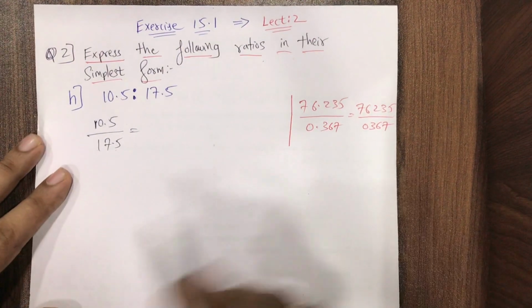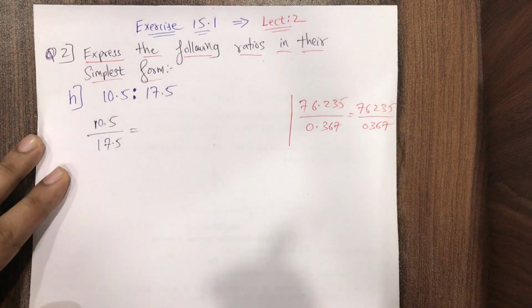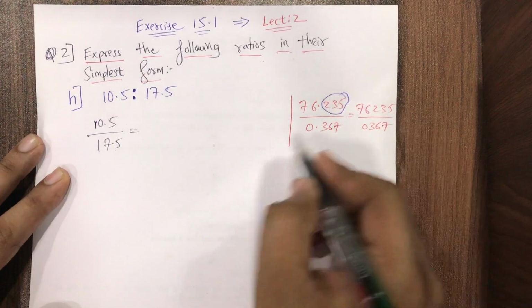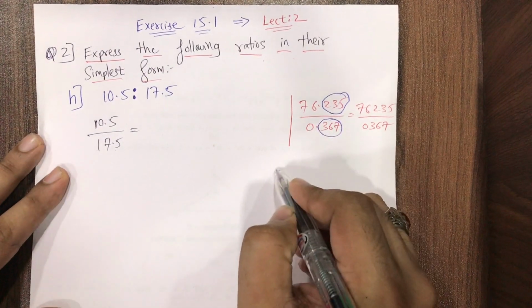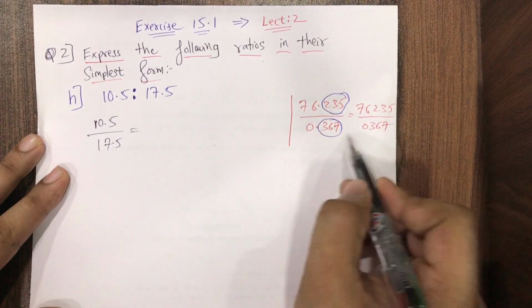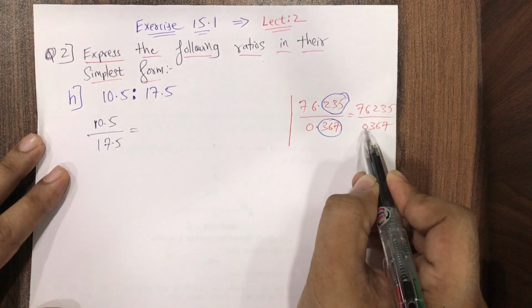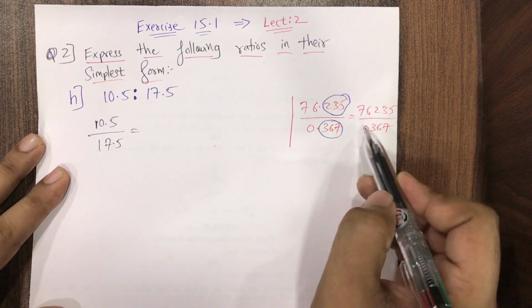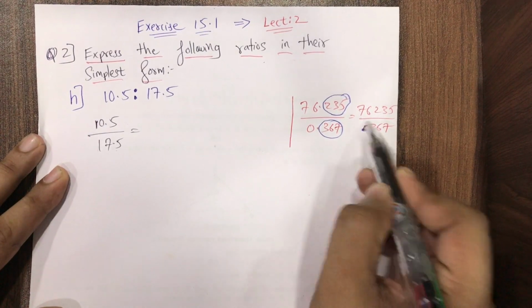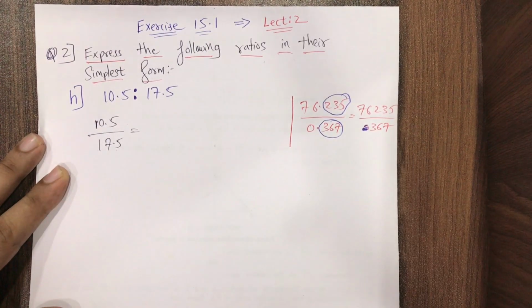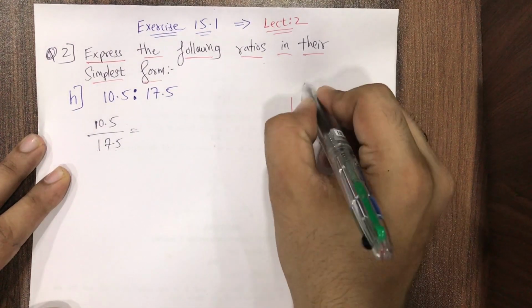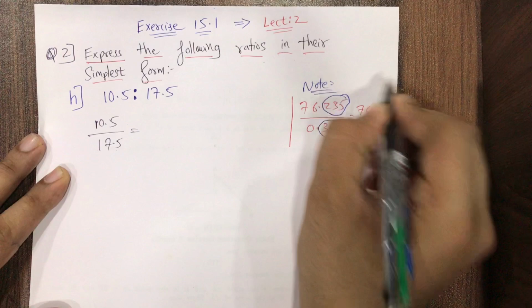I just eliminated the decimal point because in the numerator also it was after 3 digits, and in the denominator also it was after 3 digits. So 76235 upon 0367. Of course here 0 has no value, but just to explain you, I have written it. So it can be written as just 76235 upon 367. That 0 has no value. Okay, it was a note for you all, just for the explanation.